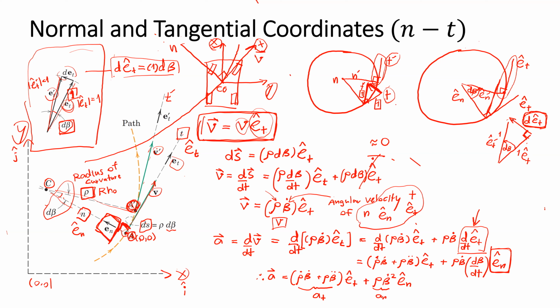And the distance, or the difference between the unit vectors here, when the angle is very, very small, can you imagine, this distance is almost perpendicular to the direction of the unit vector.